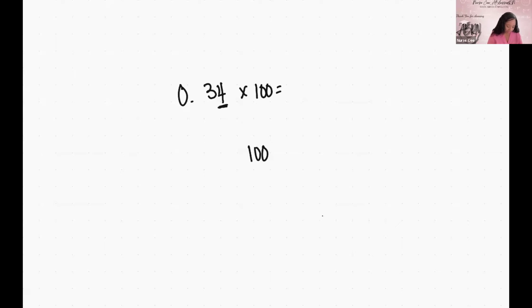And what is the common denominator or some factor that they share that you can simplify this down? Can't be 3, can't be 4, so it's got to be 2, right? So 34 divided by 2 is going to be 17, and then 100 divided by 2 is going to be 50. So this will be your fraction reduced down to the lowest term.